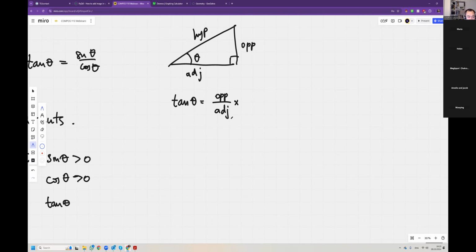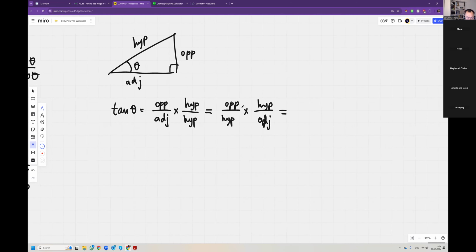I can multiply this by hypotenuse over hypotenuse. I'm allowed to do that because hypotenuse over hypotenuse is 1, so I'm just multiplying by 1. And now I can switch these around: opposite divided by hypotenuse times hypotenuse over adjacent.